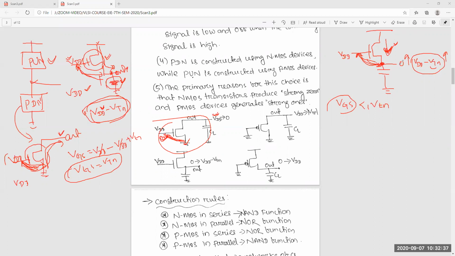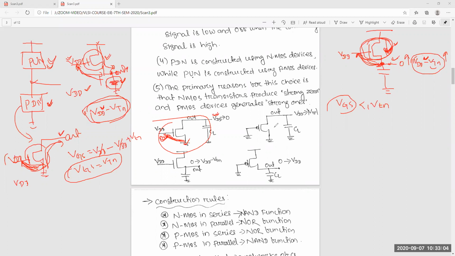It will not function properly, because if this point's voltage reaches VDD minus VTN, then it will be off. That's why we use NMOS in the PDN, the pull down network, and PMOS in the PUN.